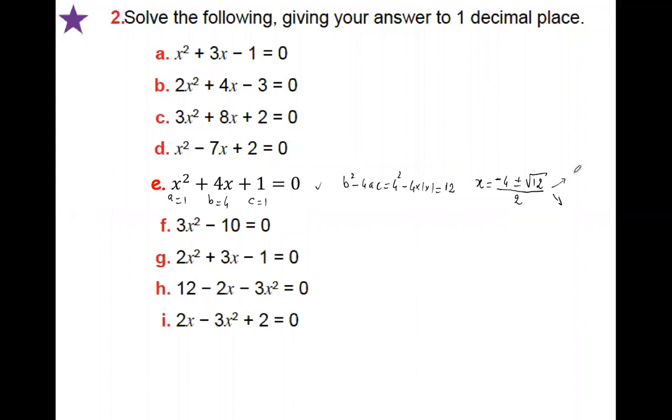So first answer, negative 0.267. And the second answer, negative 3.732.